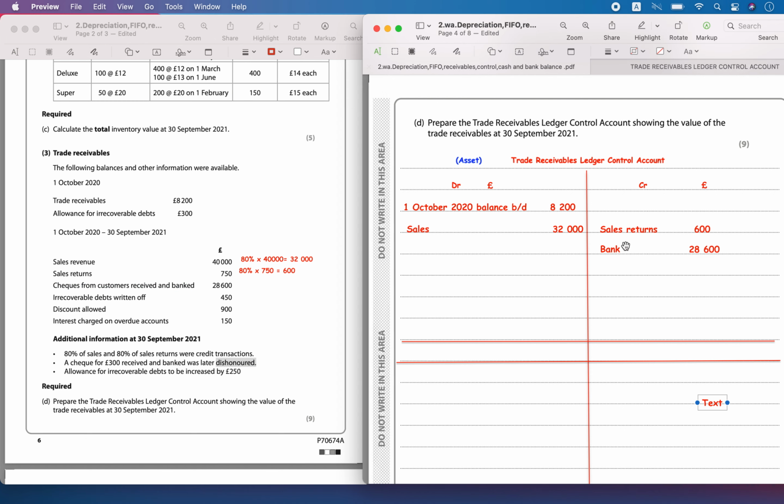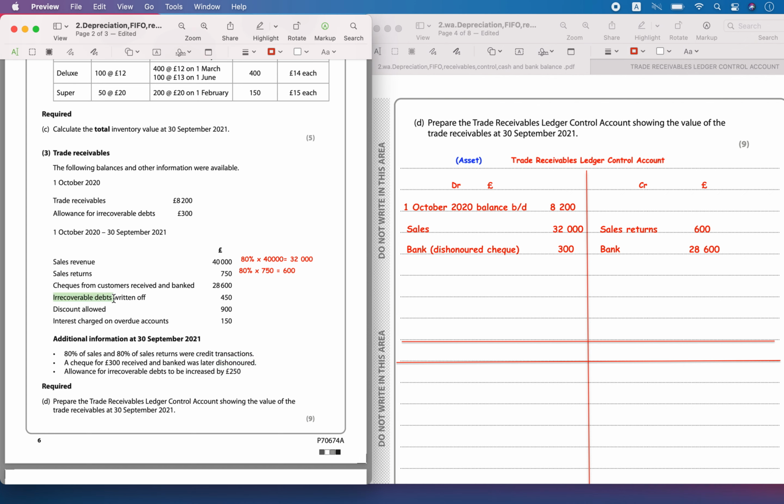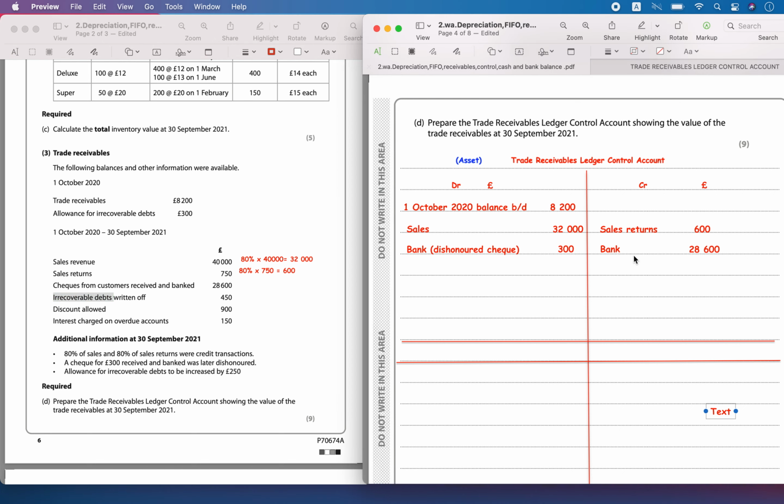Then the dishonoured cheque, which we can include with bank, was around 300. And then you had irrecoverable debt written off, which is around 450.